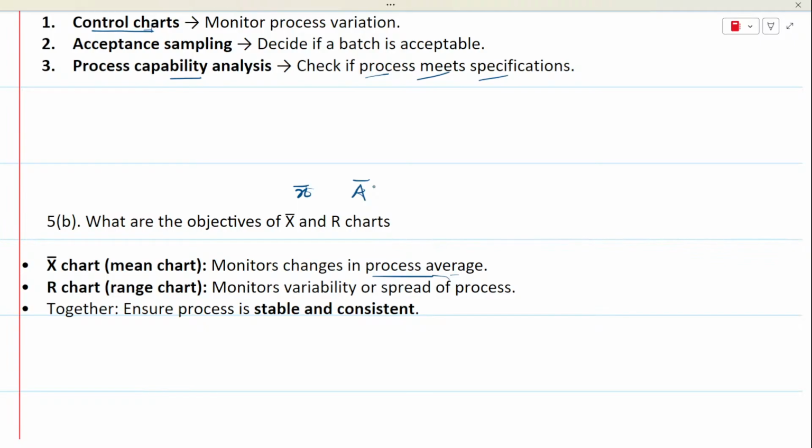Next is the R chart, which is nothing but the range chart. It is going to monitor the variability or the spread of the process. That is, it is going to help us to know upper limits as well as lower limits.